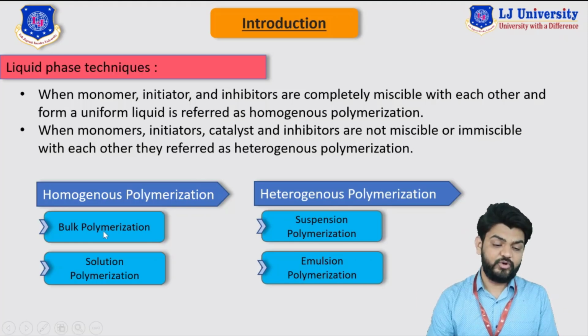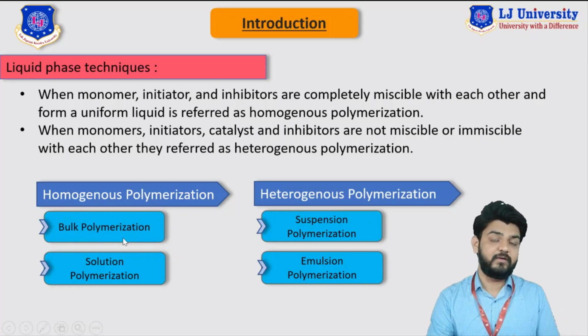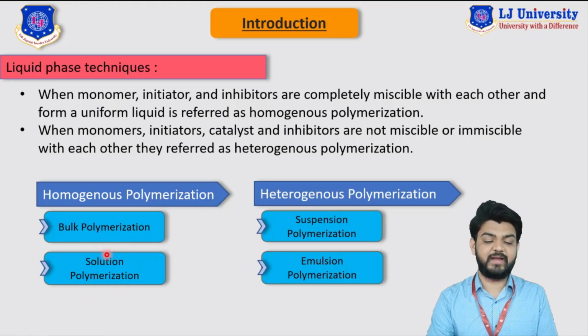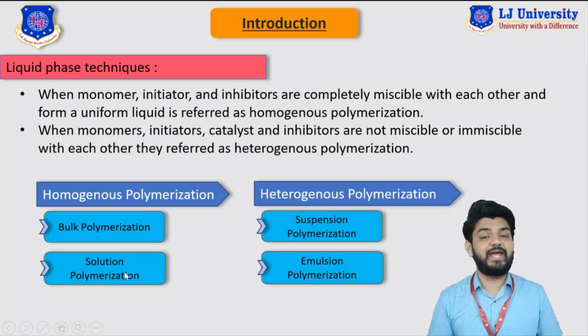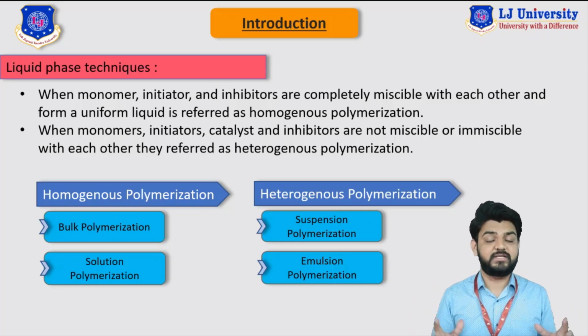Homogeneous polymerization includes bulk polymerization, which we will understand in this video with detailed concept. Then we have solution polymerization, which is very similar to the bulk polymerization technique. In both techniques, all the components taking part in the reaction are of the same phase. So we can say that they are homogeneous polymerization.